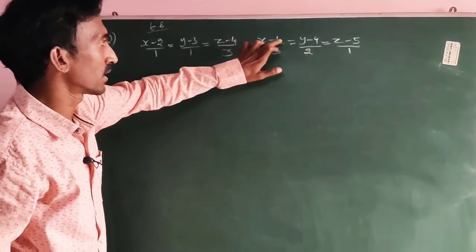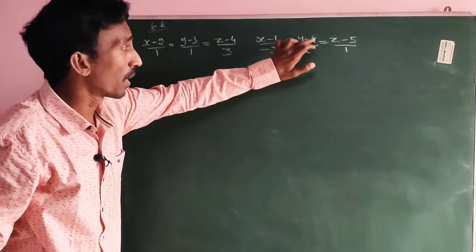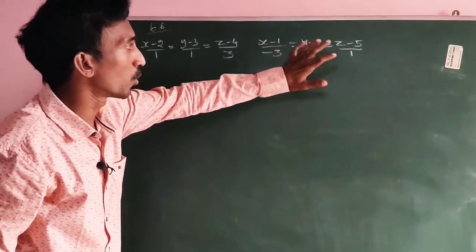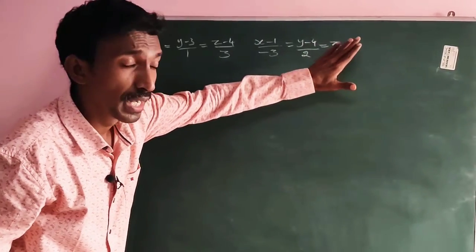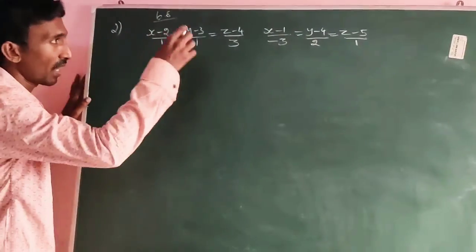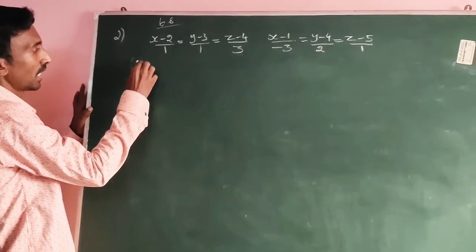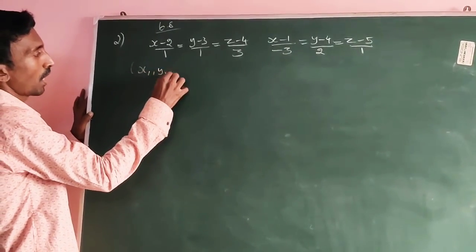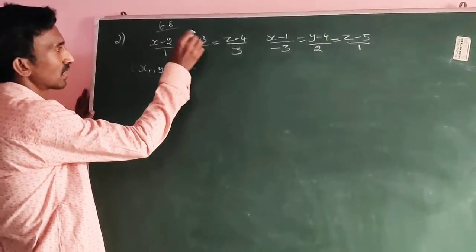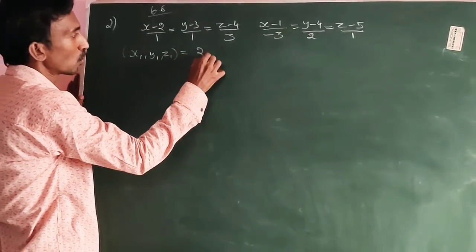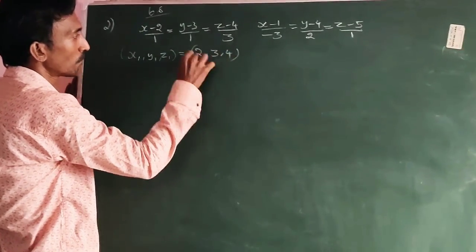Similarly, (x minus x2) by d1 equal to (y minus y2) by d2 equal to (z minus z2) by d3. Comparing, we get x1, y1, z1 by just changing the sign in the numerator: 2, 3, 4.